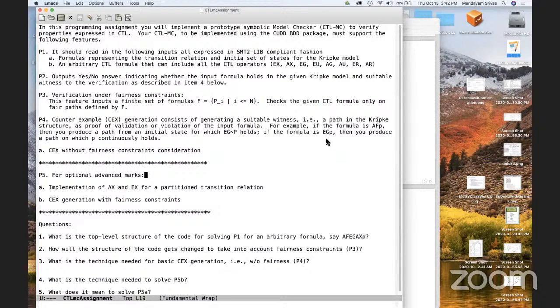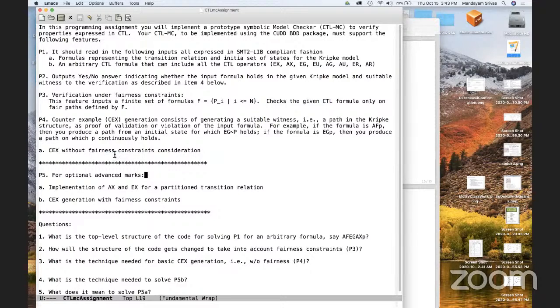If the formula itself uses an existential operator, e.g. of P, then you produce a witness to the satisfaction of that. So the counterexample generation method is reduced to one of finding the witness to an existentially quantified CTL operator.